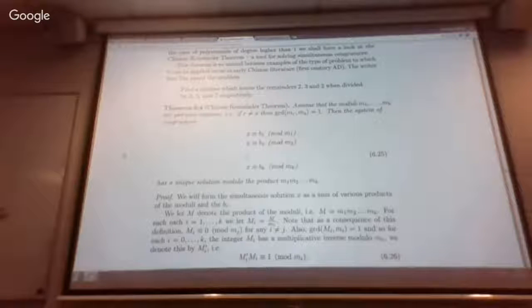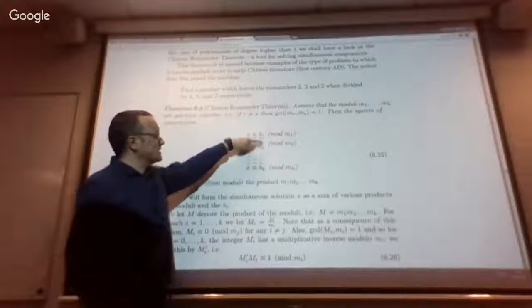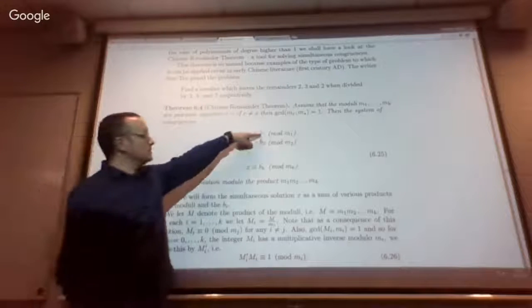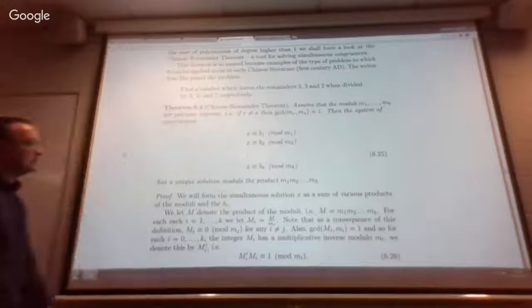Then you're looking at one congruence class with respect to each modulus: B1 modulo M1, B2 modulo M2, etc., BK modulo MK. So you're picking out one congruence class modulo each modulus.